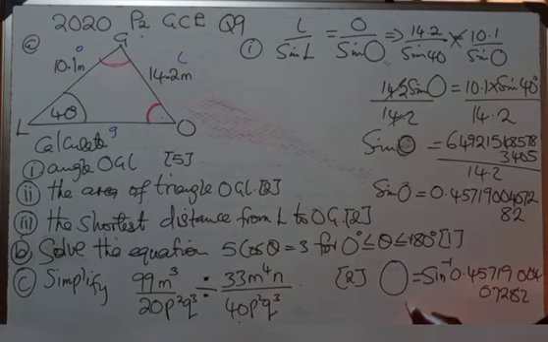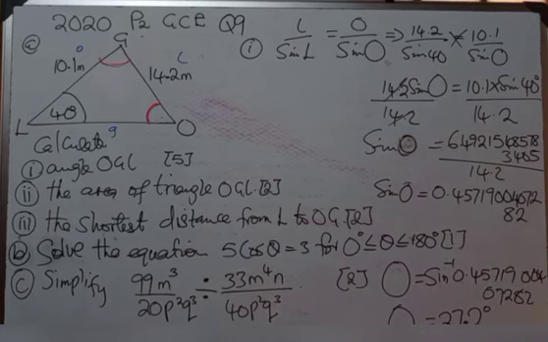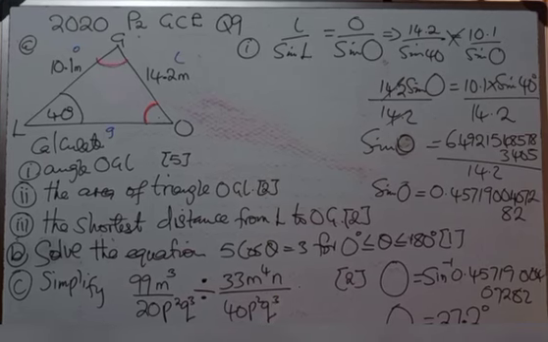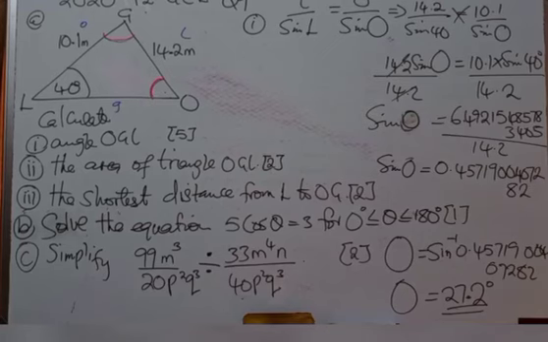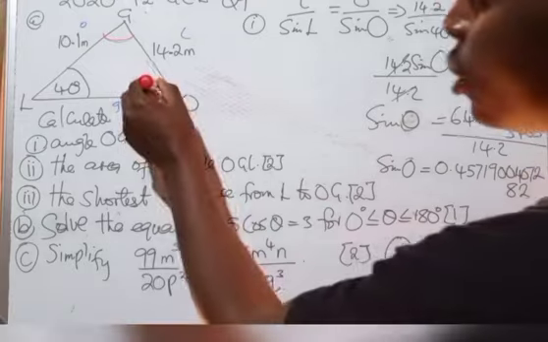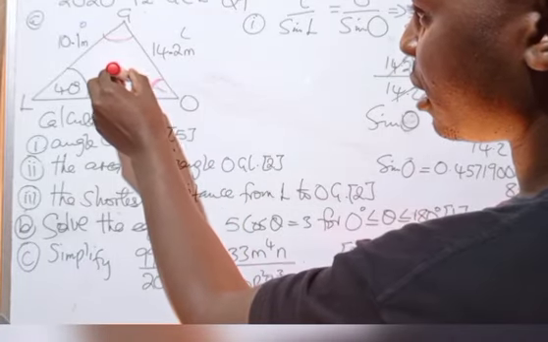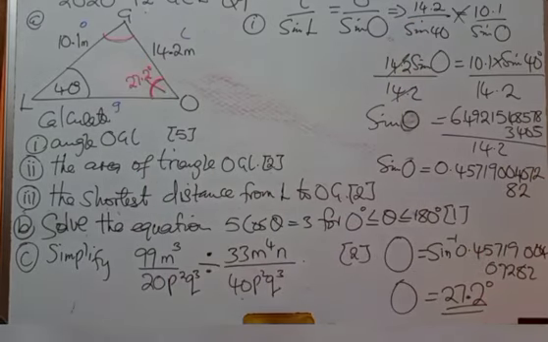The answer we get for angle O is 27.2 degrees. That is the answer we are getting for that angle. You show it there by saying 27.2 degrees. Now, this is not the answer we are told to find.